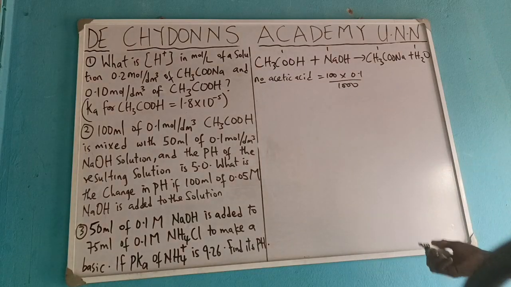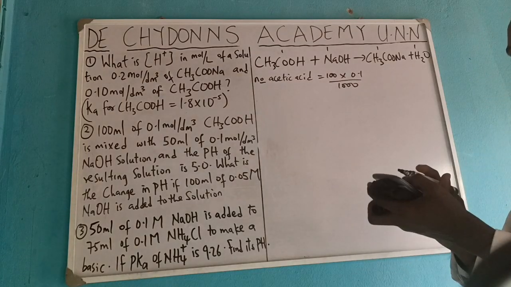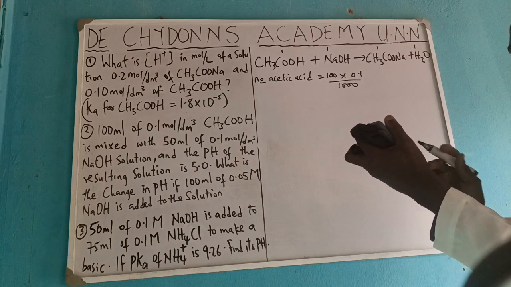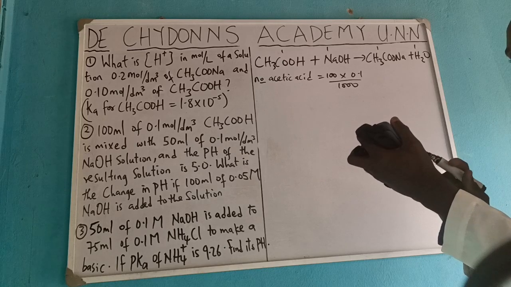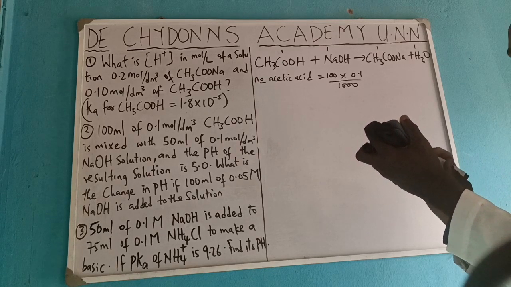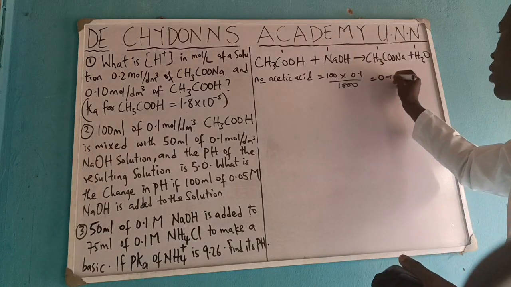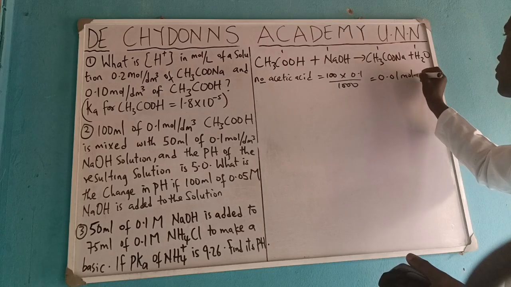That will tell you how many moles of it reacted. You now say 100 times 0.1 divided by 1000. That will be giving us 0.01 moles.